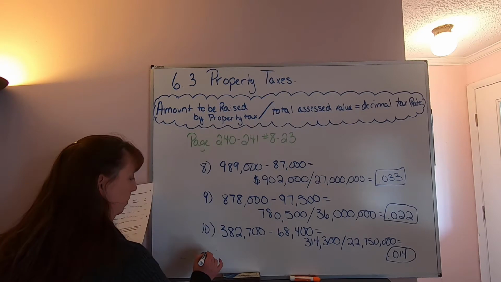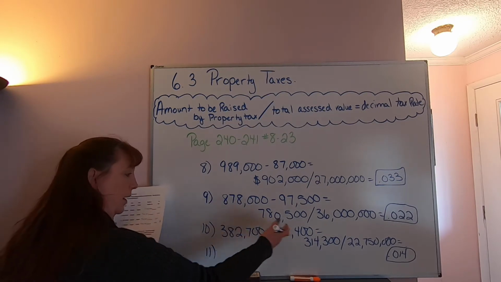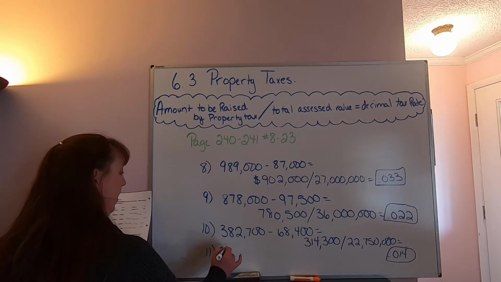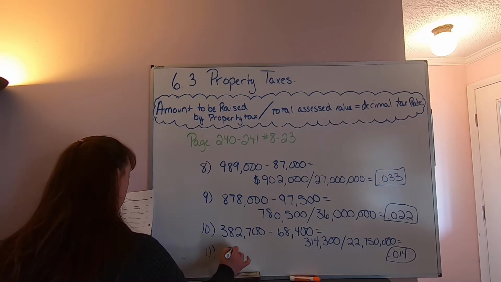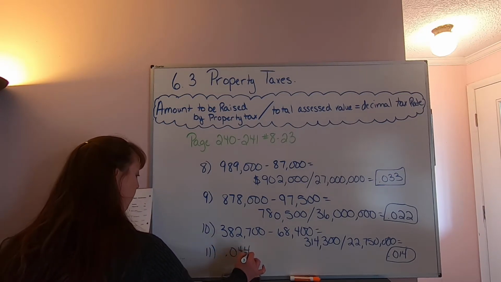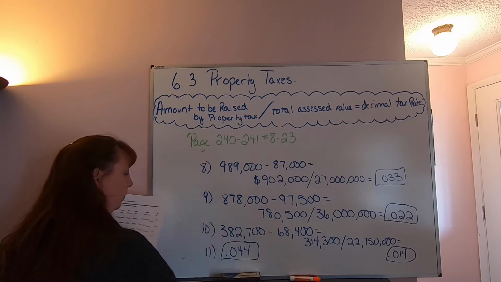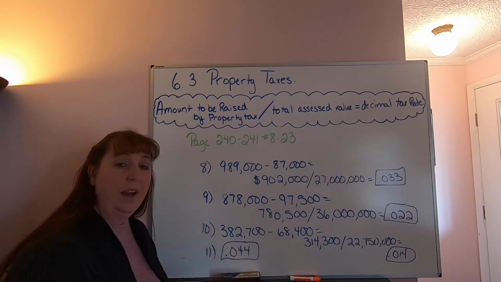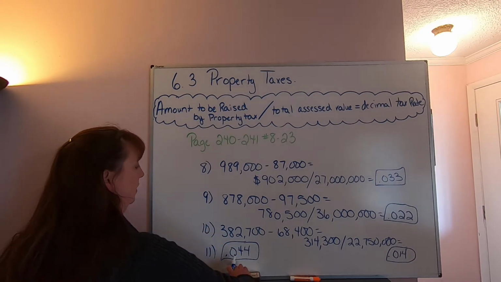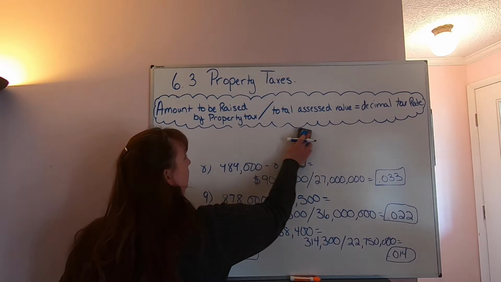For question number 11, after you do the subtraction and the division, you get a tax rate of 0.044. Okay. Let's continue on to question number 12.